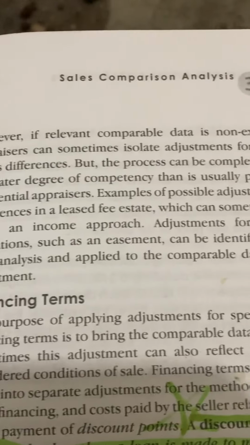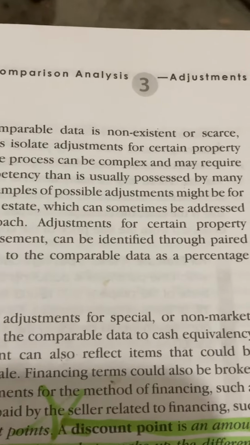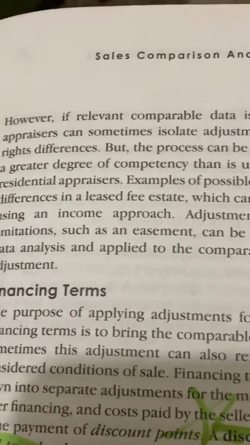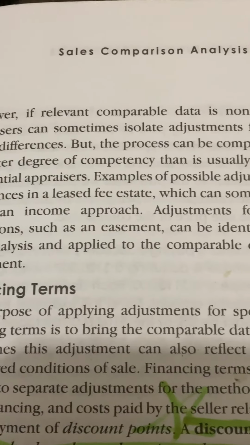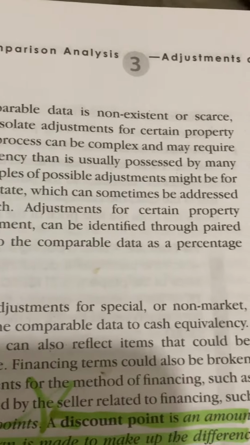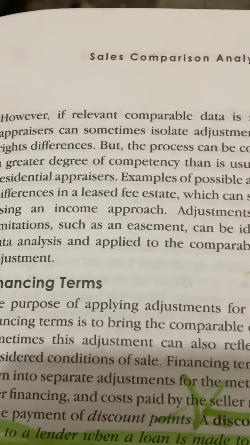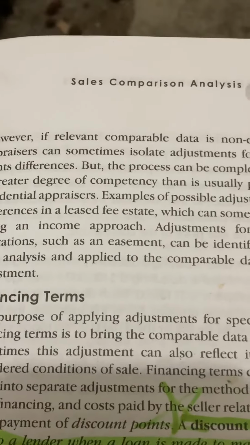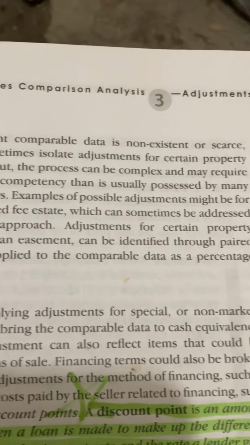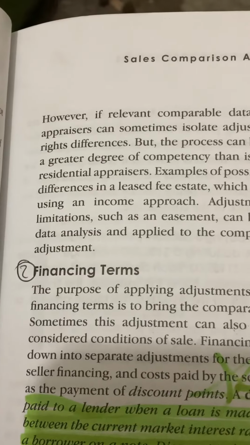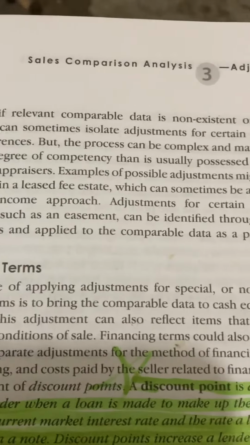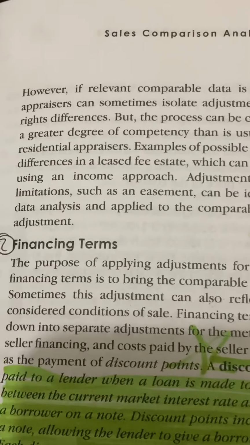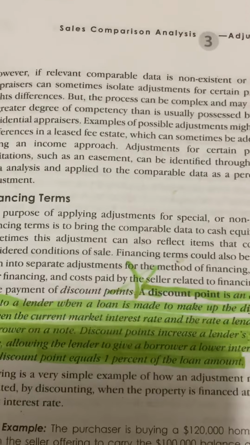However, if relevant comparable data is non-existent or scarce, appraisers can sometimes isolate adjustments for certain property rights differences. But the process can be complex and may require a greater degree of competency than is usually possessed by many residential appraisers.